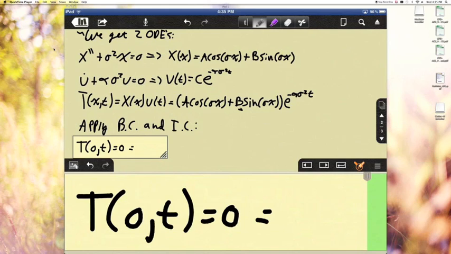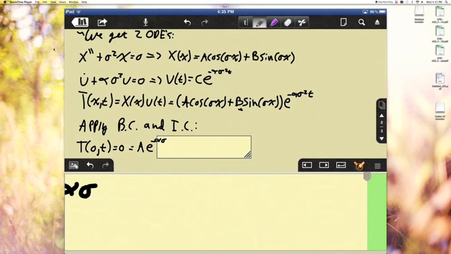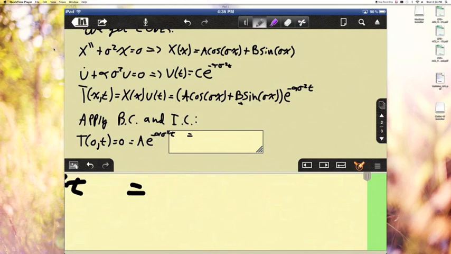And we know that cosine of 0 is equal to 1, sine of 0 is equal to 0. So that basically just means that we get a e to the negative alpha sigma squared times time. We can divide through by our exponential term, and that simply means that for this particular boundary condition we get a is equal to 0.